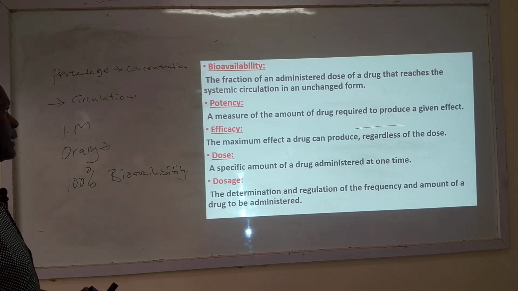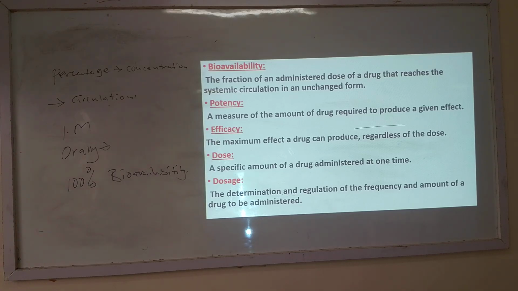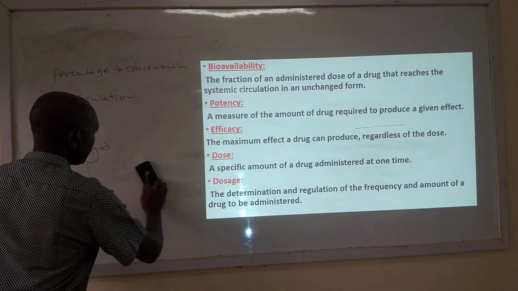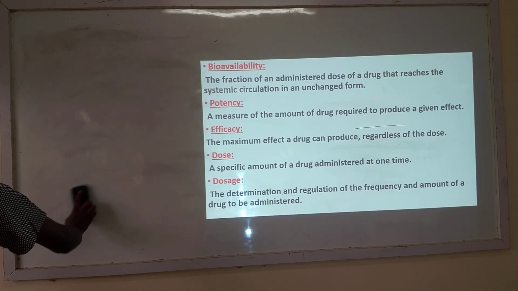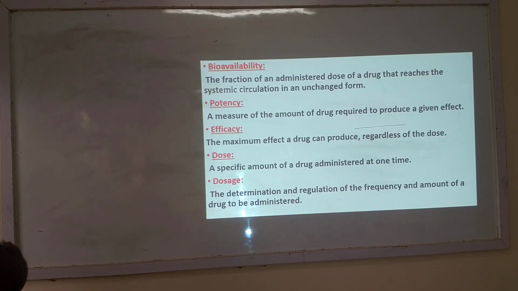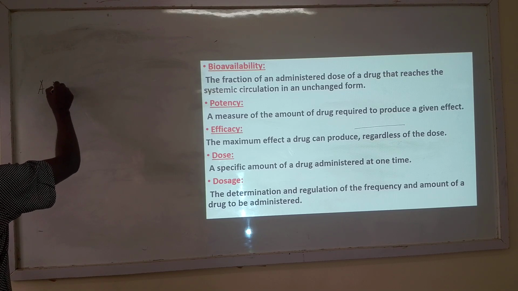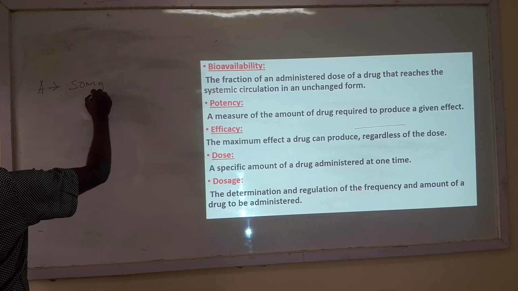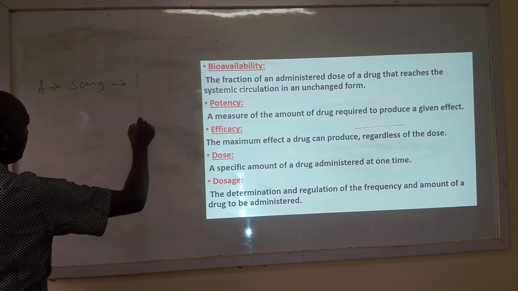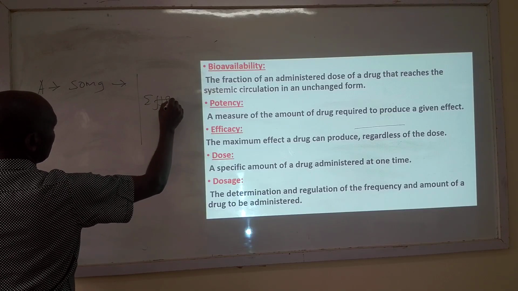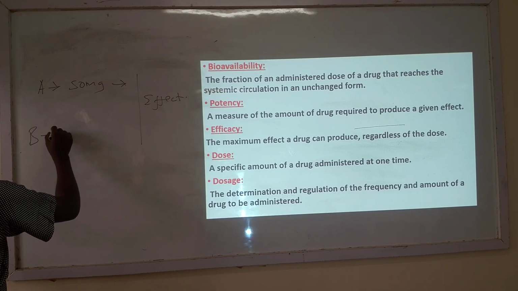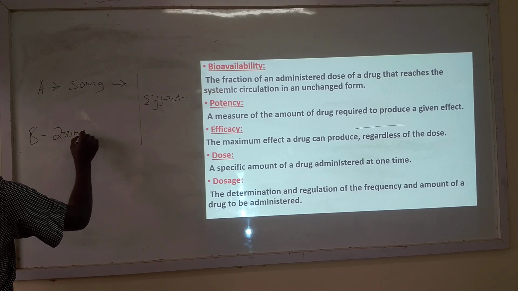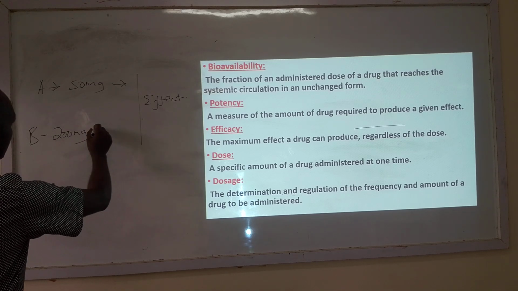Potency is the amount of drug which is required to produce a given effect. If I use two examples here, let's say drug A, which is 50 milligrams, can produce an effect in terms of treatment, and then drug B, which is 200 milligrams, can produce the same effect.